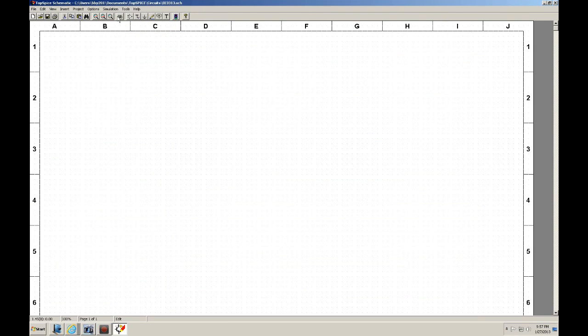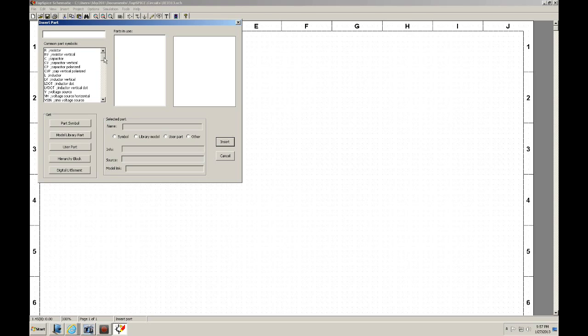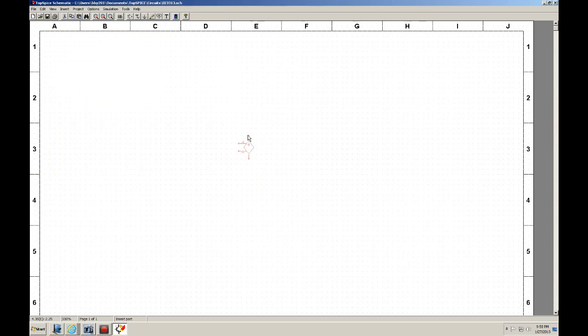There's a model here, I believe it's an E. I'm not sure if you can see it, but it says VCVS. This is actually a model of an op amp. It's a voltage source, and it's controlled by this voltage source.